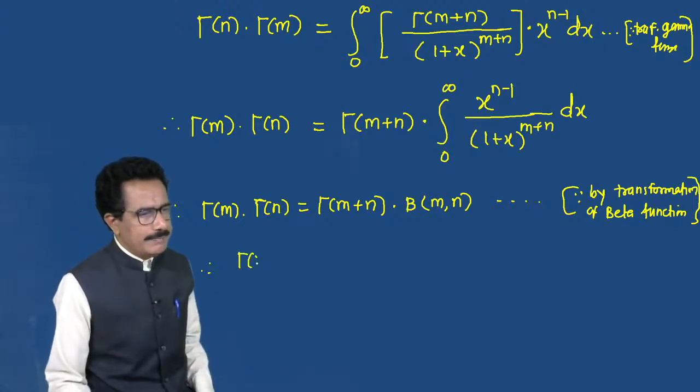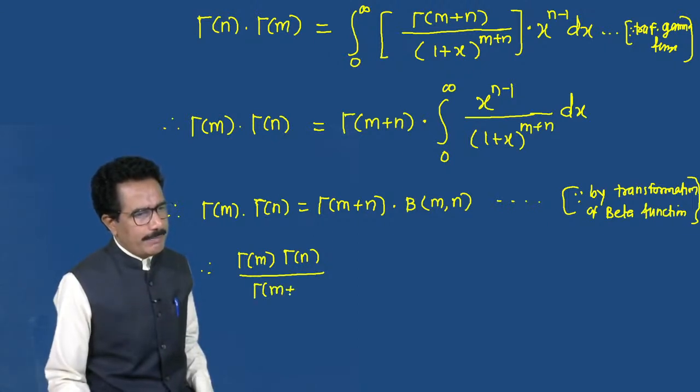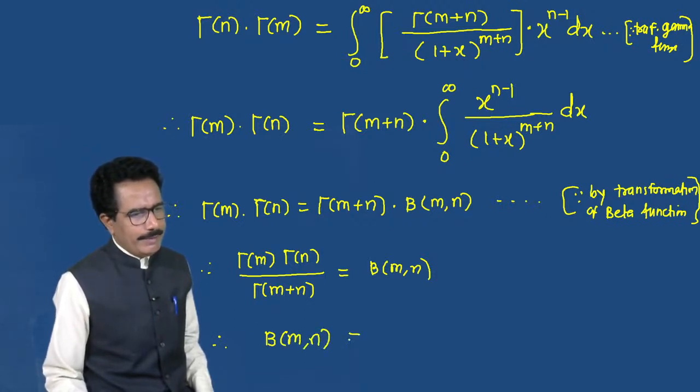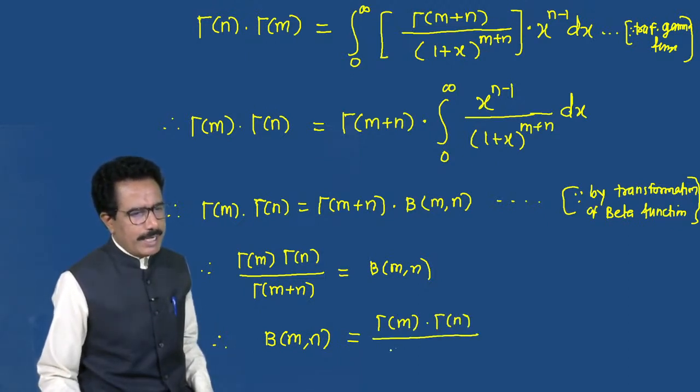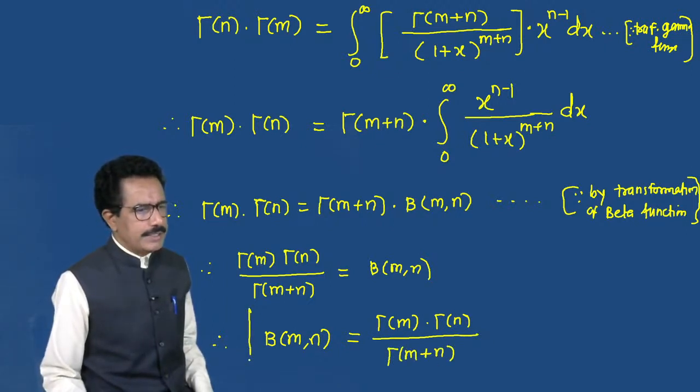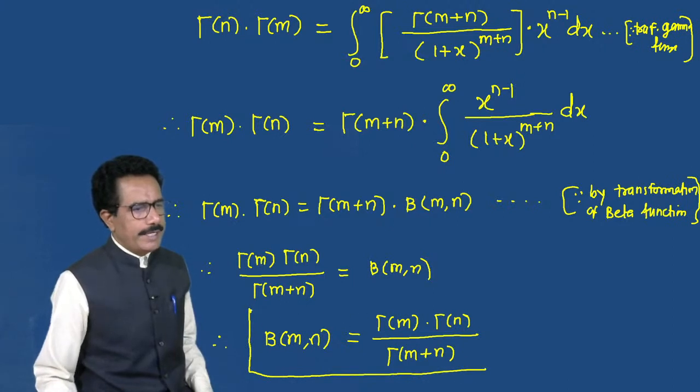So gamma m into gamma n divided by gamma of m plus n is equals to beta of m comma n. So we can write beta m comma n is equals to gamma m into gamma n divided by gamma of m plus n, and this is the required proof and hence proved.